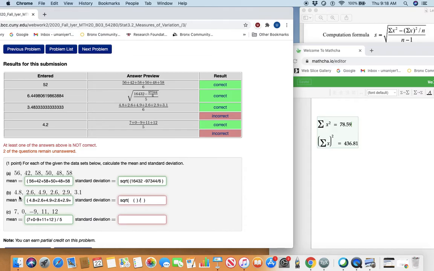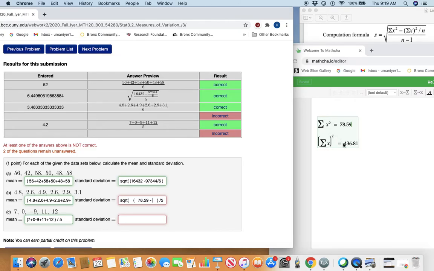How many numbers do I have? 1, 2, 3, 4, 5, 6. 6 minus 1 is a 5. Now, I need to fill in the numerator. What goes first? Summation of x power 2. Summation of x power 2 is 78.59. 78.59 minus summation x, then power 2.